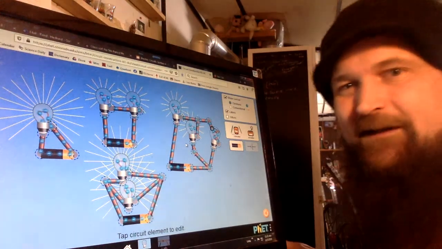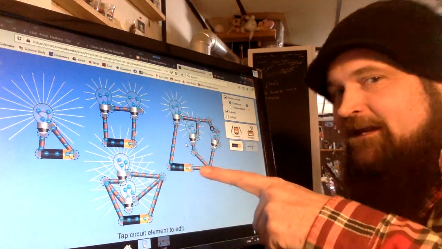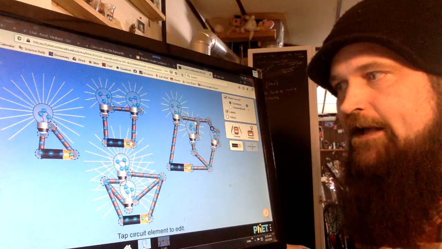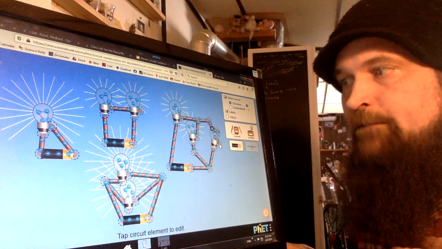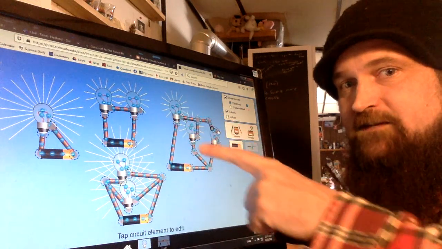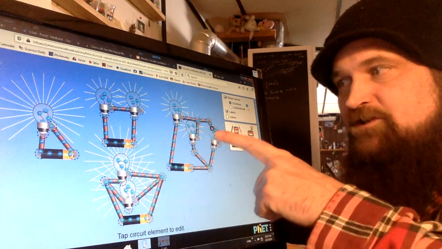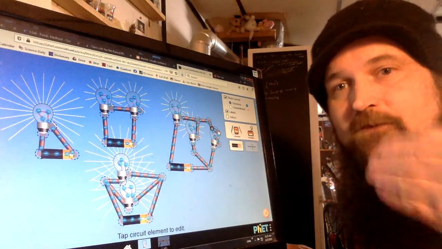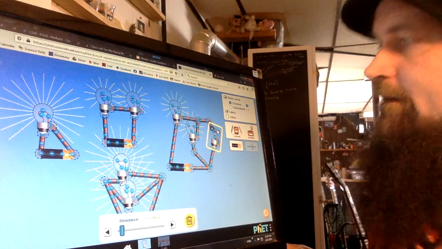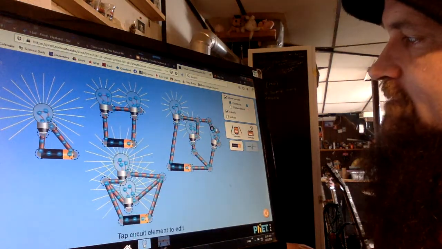Here I have an example of a complex circuit. I can't say if this is in series or if it's in parallel because I have a little bit of both. So I'm going to close the switch. So right now it's in series with each other, but I put a switch here, and what happens if you add something in parallel? Wrong switch. Here, let me just hit that.